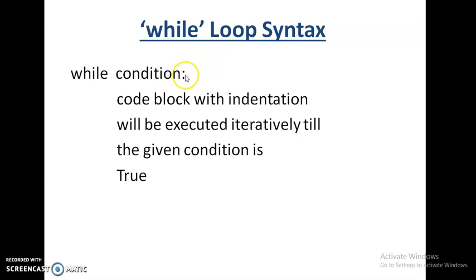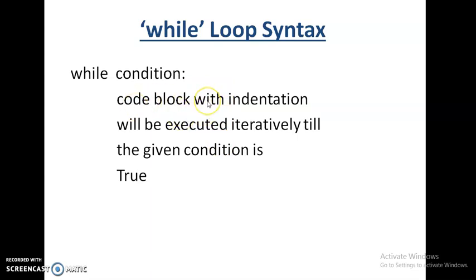Then put a colon over here and press enter. After pressing enter, the cursor will automatically set an indent, and after setting the particular indentation for a while loop, you should start writing the first line of your code block.